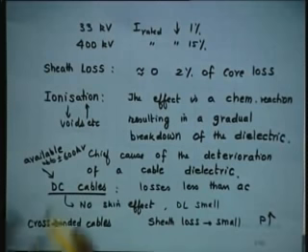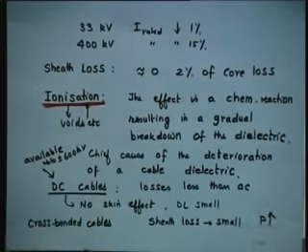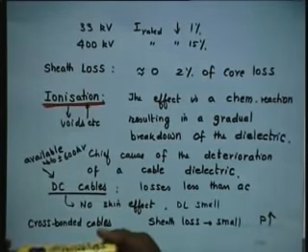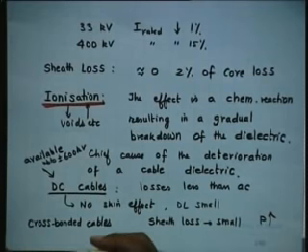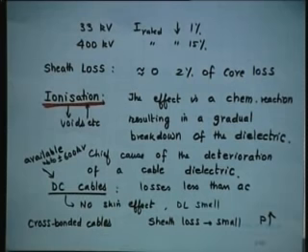Now, ionization is another process which takes place and it creates problem. And this question is almost always asked in cable: void formation. Why they take place and how do you avoid it? Yes, the effect is a chemical reaction resulting in a gradual breakdown of the dielectric. Now, it can be even a manufacturing fault.